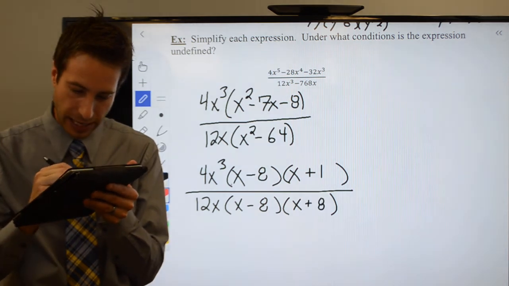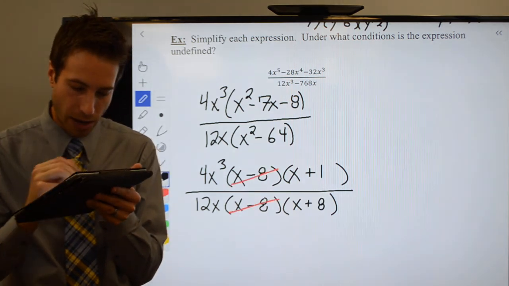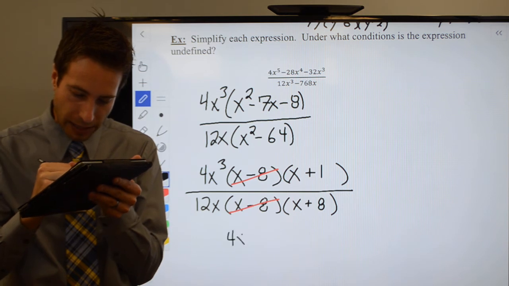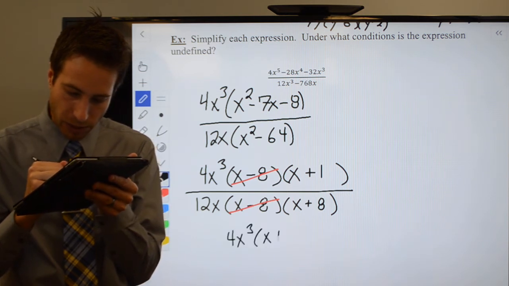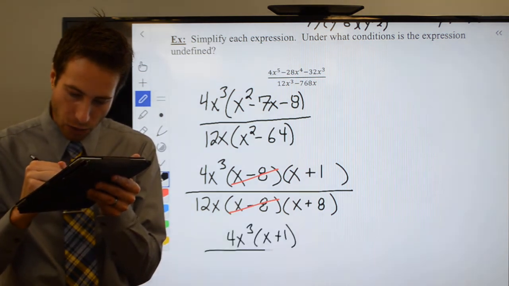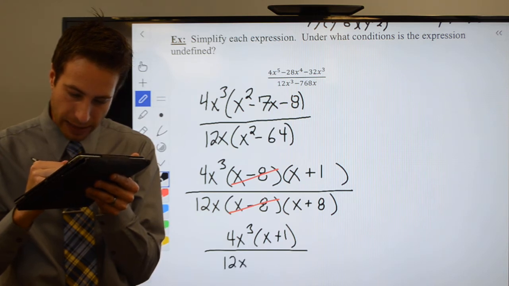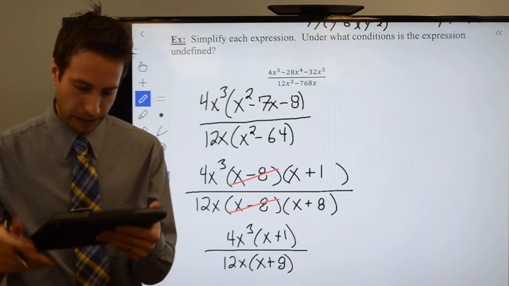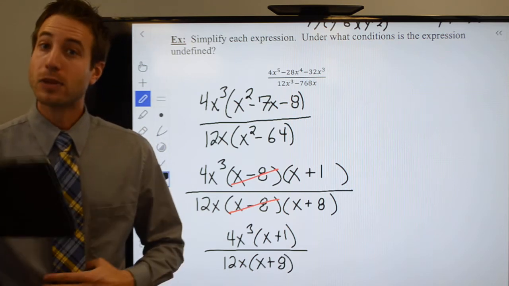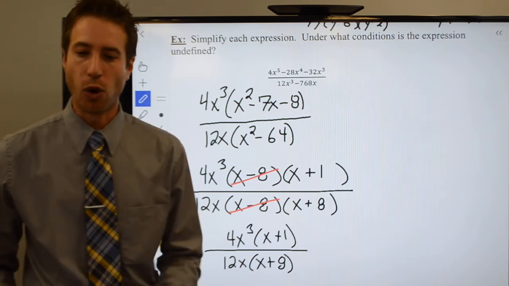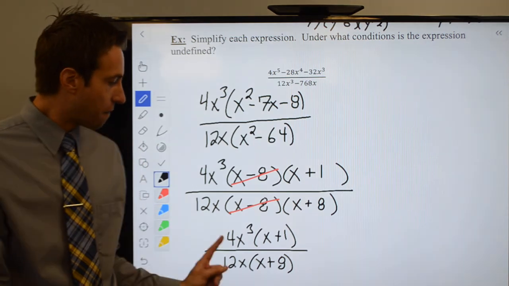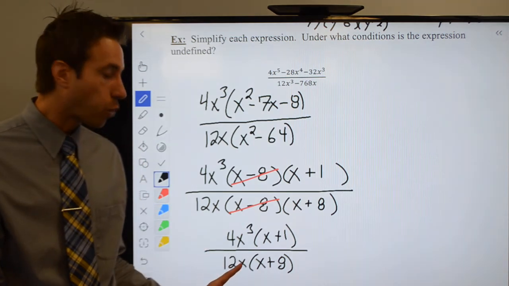My factors cancel top and bottom, leaving me with 4x cubed, x plus 1, all over 12x times an x plus 8. Actually, though, not done. Not done. Watch out for this. 4x cubed and a 12x.